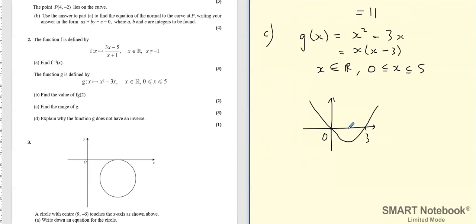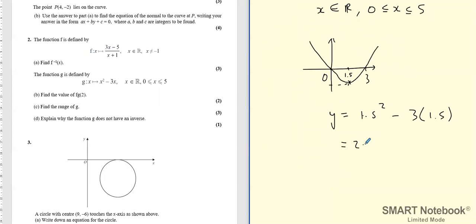Now, due to the symmetric nature of this curve, we know that the x-coordinate of the minimum is going to be 1.5. And if you wanted to work out the y, we could substitute that back into the equation of the curve. So y equals 1.5 squared minus 3 times 1.5, which is 2.25 minus 4.5.